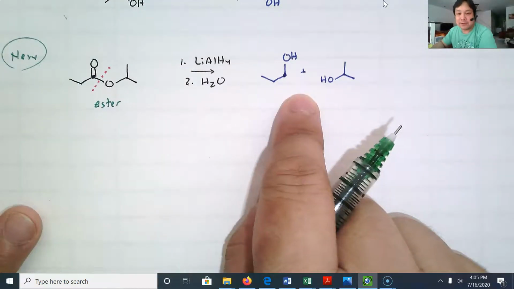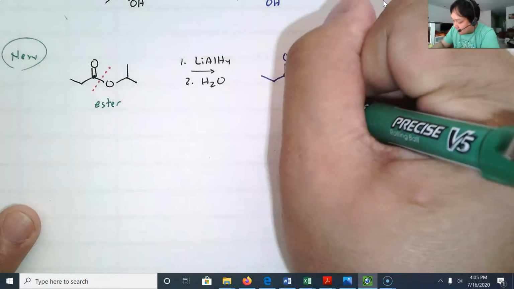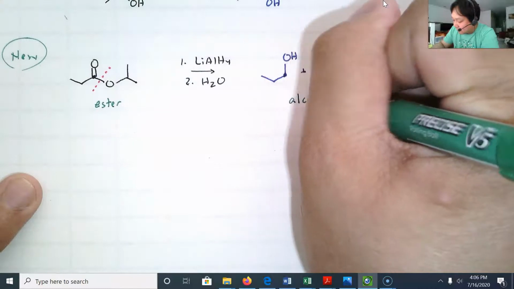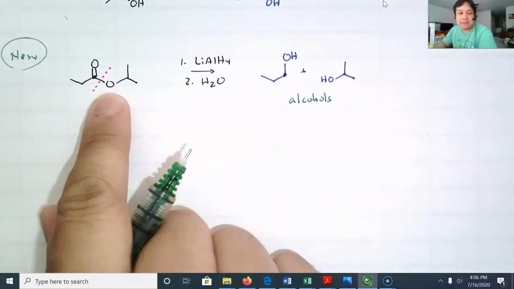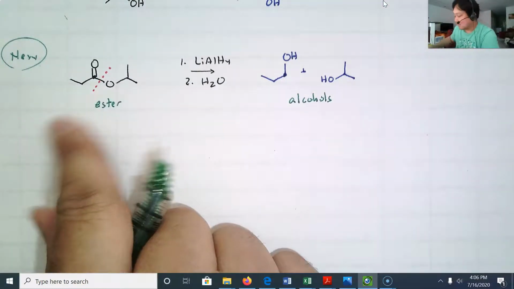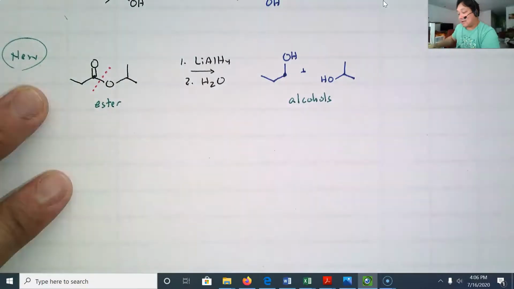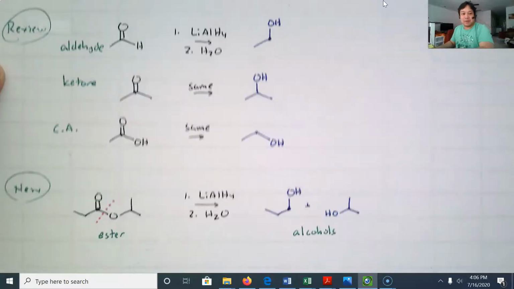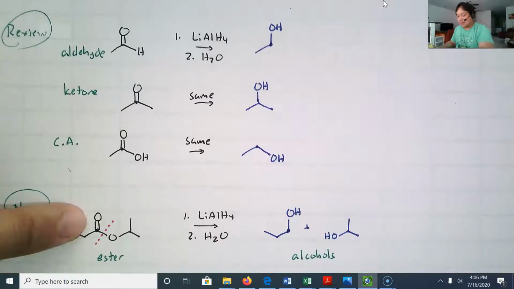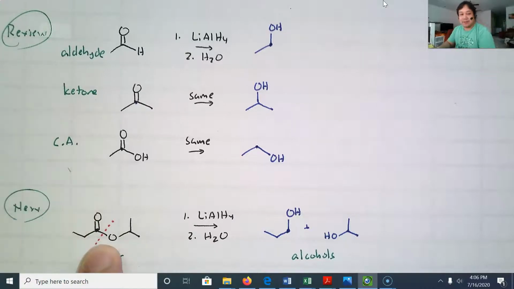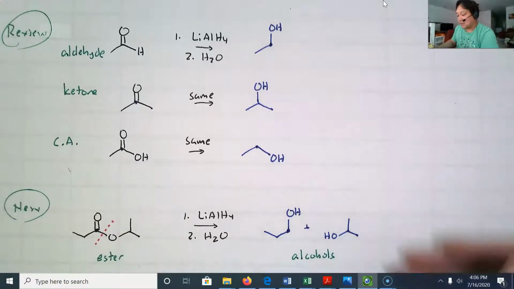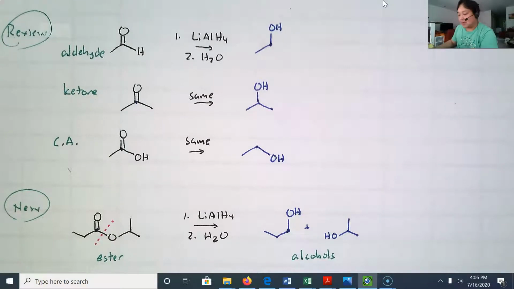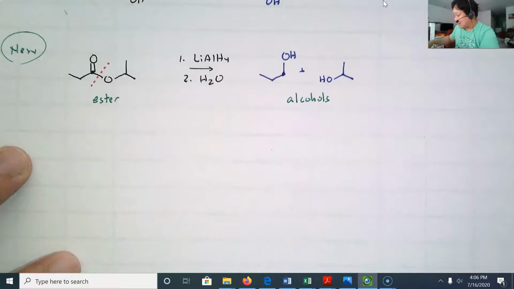Give 2 alcohols. Now, depending on your R groups, they could be identical, but many times they're not going to be identical. All right, a little twisty, right? From what we know, we're not just going to reduce this to the OH, we're going to reduce it to the OH and cleave. I'm trying to get all the reductions, or at least most of them, on the same page, so we could compare and contrast.